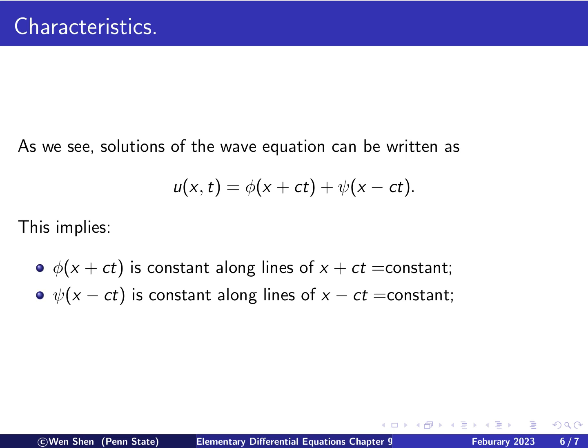So if I draw those, this is x and this is t, and then x minus ct constant will be on straight lines with the slope 1 over c. So what it says is that the solution psi is constant along that.